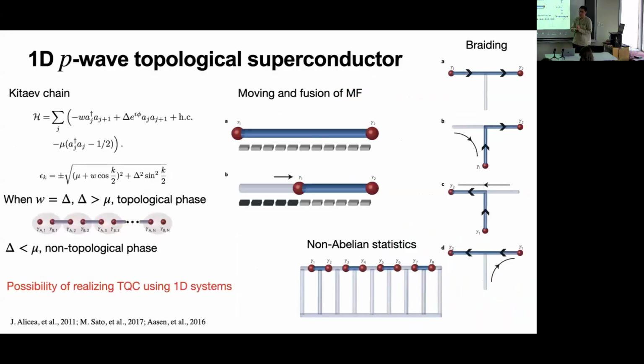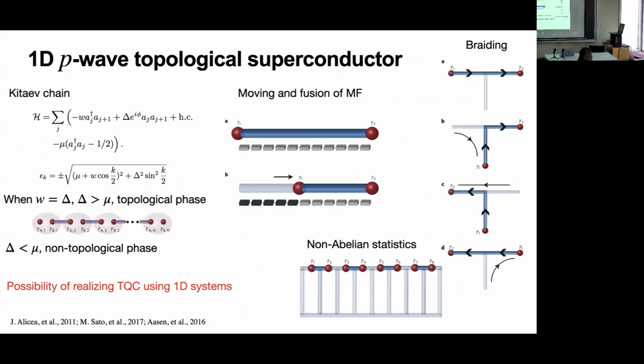Parallel to the search for 2D platforms to realize topological quantum computing, research also focuses on 1D topological systems, to see whether they can realize topological quantum computing. One of the simplest models is called the Kitaev chain.